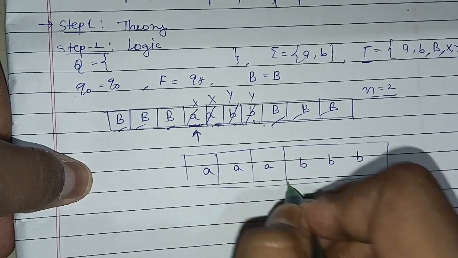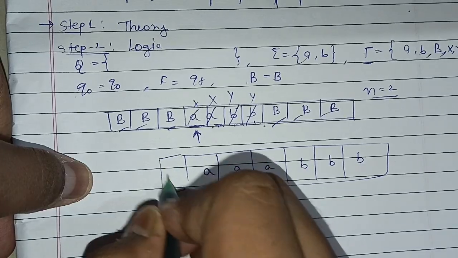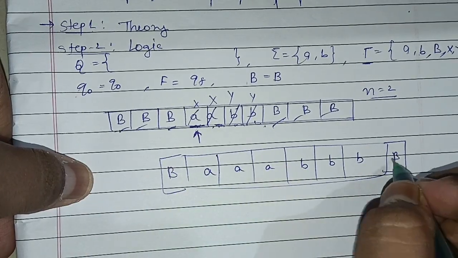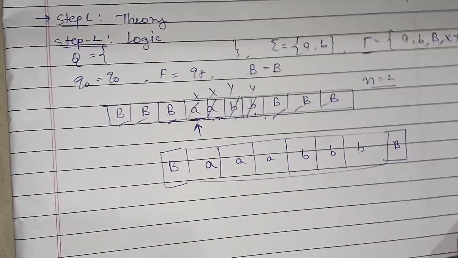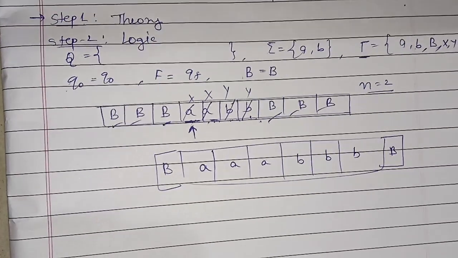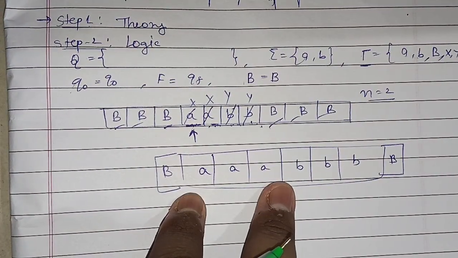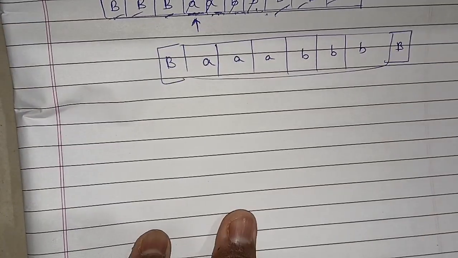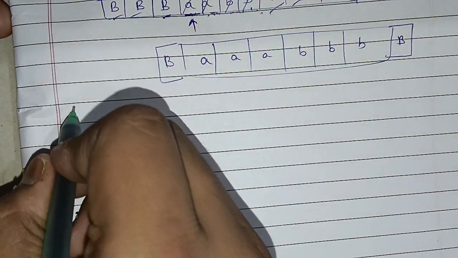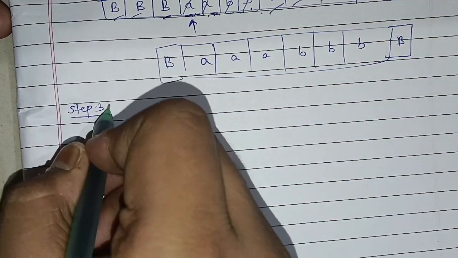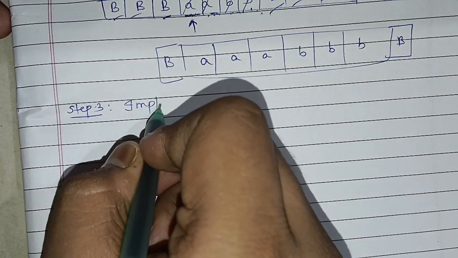Here the blank tape symbol is there, I am writing it only once. So based on this I will show you the implementation. Now see, step 3 is implementation.